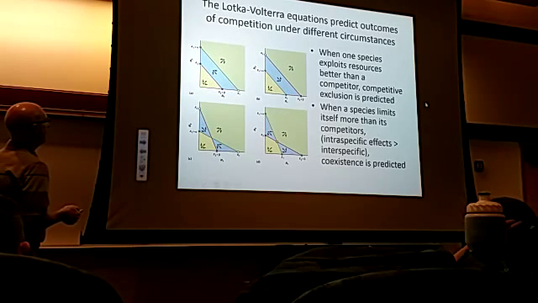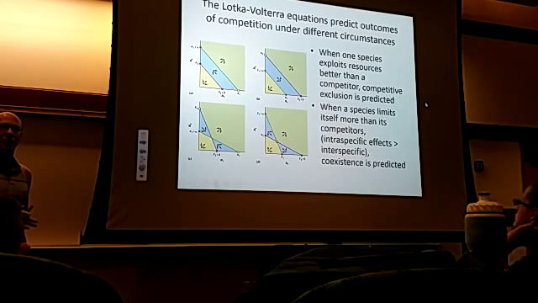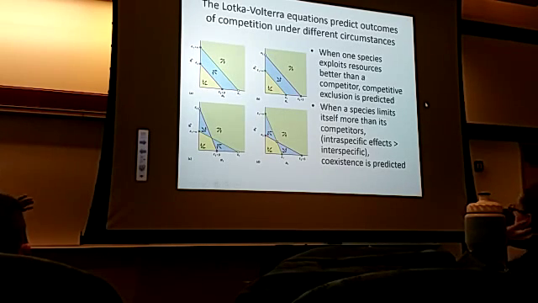So what's going to happen in these various panels depends upon how species are affecting each other, right? So if one species is a much better competitor than the other one, then we've already seen what happens in a laboratory experiment, right? One species exploits the resources efficiently, the other one doesn't. The one that's inefficient gets outcompeted.